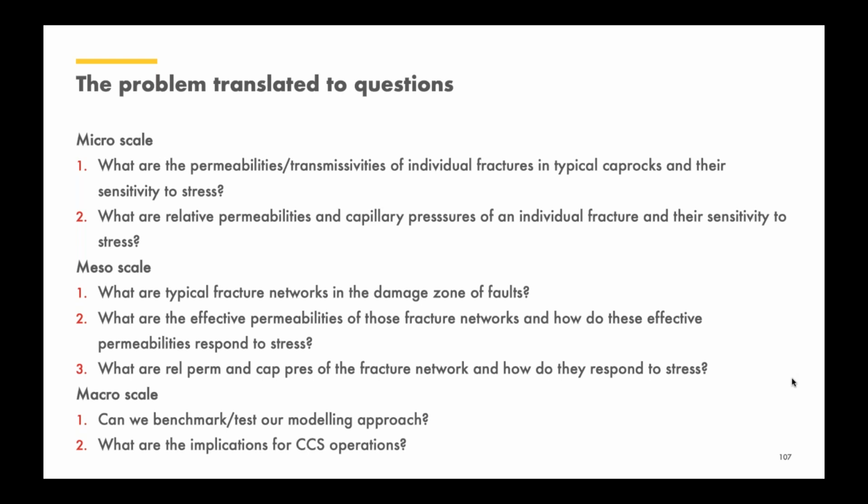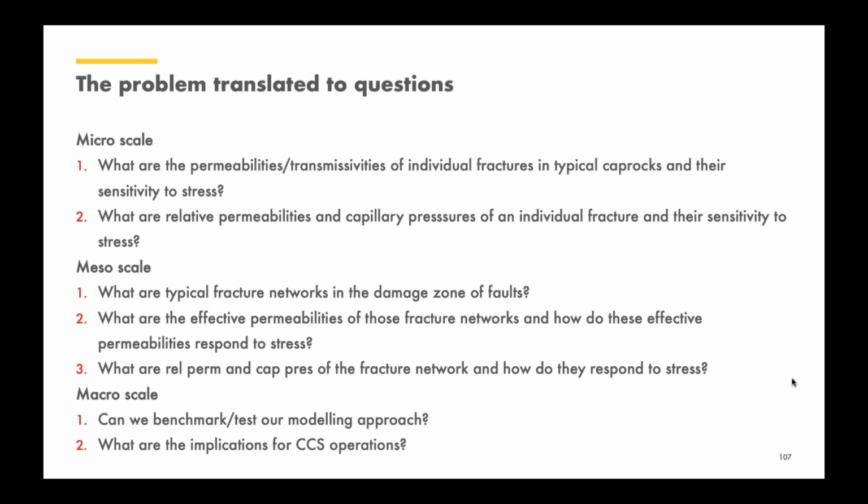Andreas has shown experimental work, but in order to investigate the vast parameter uncertainties, the experimental work has to be complemented by modeling approaches. These are single phase properties, but at the end we also have to look into multi-phase properties: what are the relative permeabilities and capillary pressures of an individual fracture, and how are they sensitive to stress.